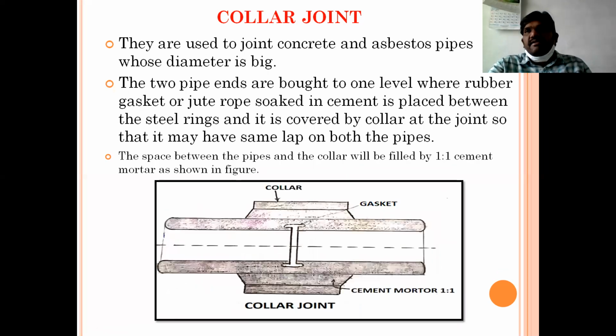Next one is the collar joint. See, this is the collar, and this is the gasket, a rubber layer gasket. What is this collar joint, and where are they using it? They are used to join concrete and asbestos pipes whose diameter is big.